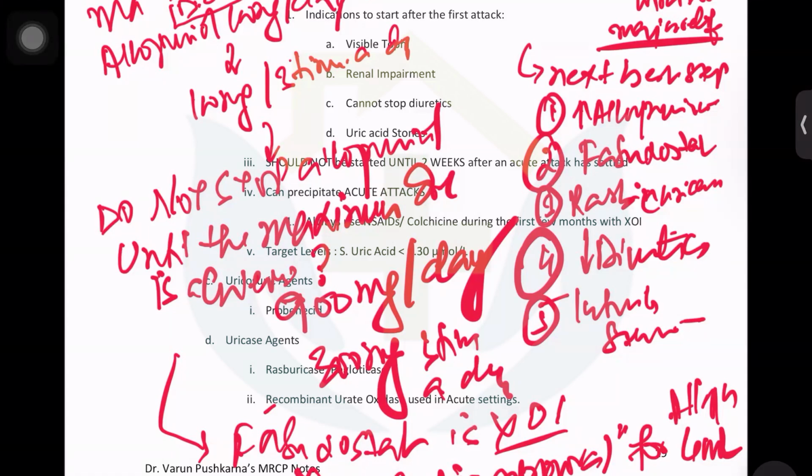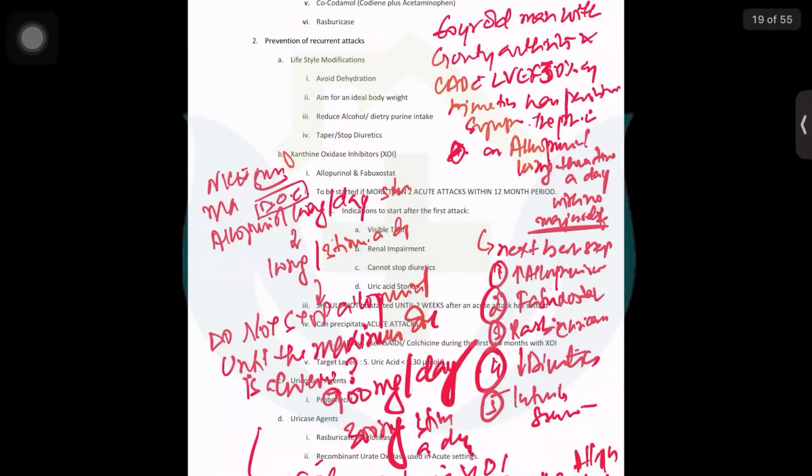Here we start the patient directly on febuxostat. But that is not how MRCP will take the question. Is that clear? Yes, sir. So that is a practice changing definition for you.